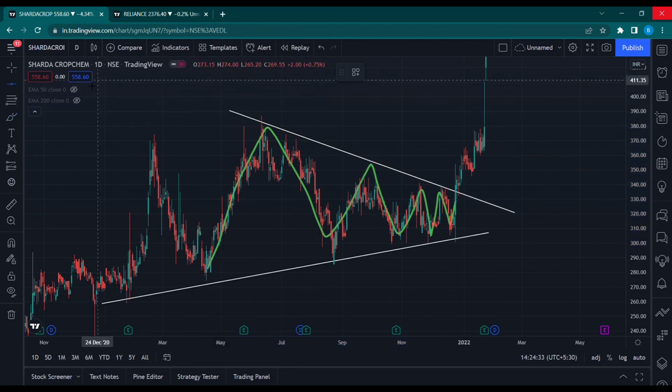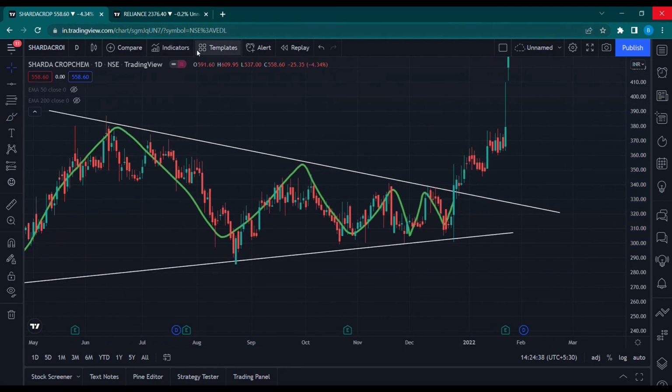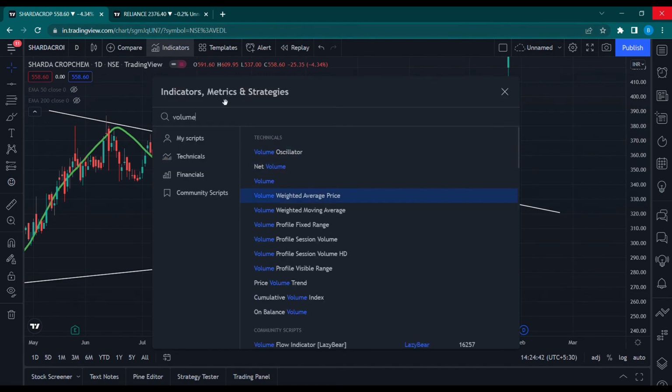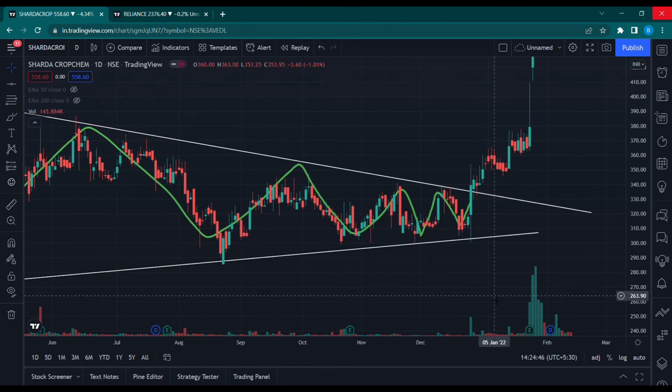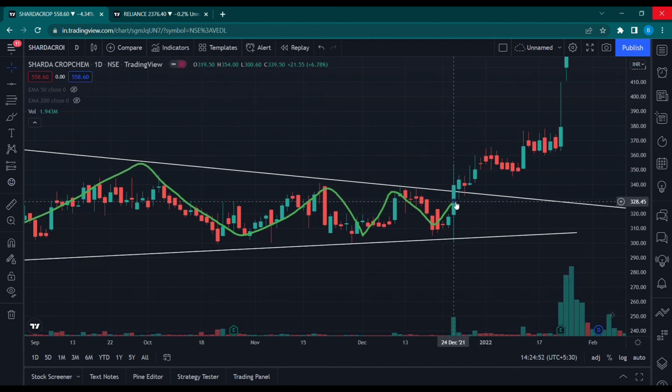Once we see this momentum, and where did my volume indicator go? See the momentum here, this was accompanied with a strong volume as well, and we see a retest.